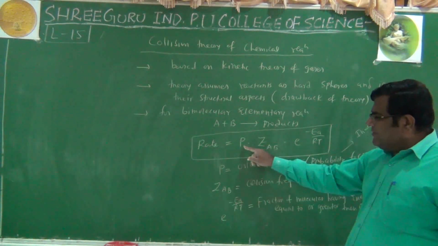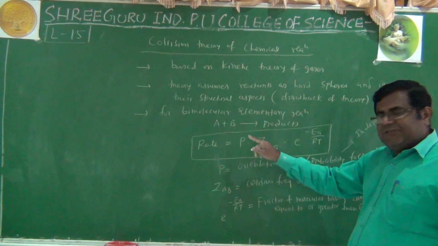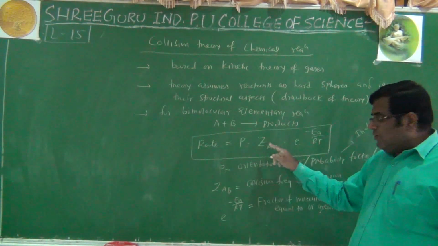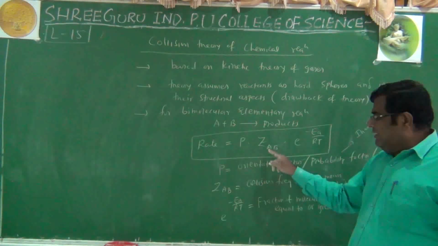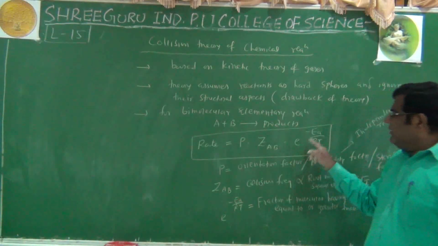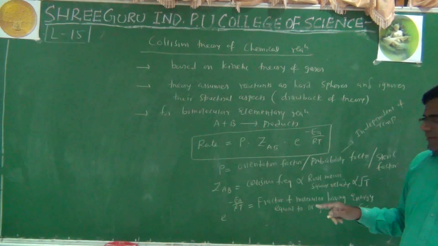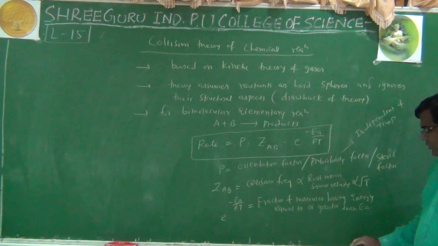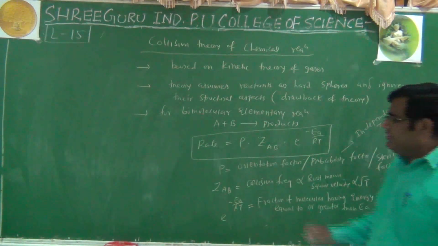So this P is the probability factor, steric factor, orientation factor. This Z is collision frequency. AB means these are the molecules A and B involved in it, and e raised to minus Ea by RT is the Boltzmann factor, which is nothing but the fraction of molecules having energy equal to or greater than activation energy.